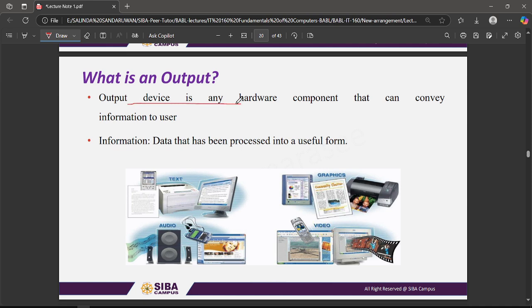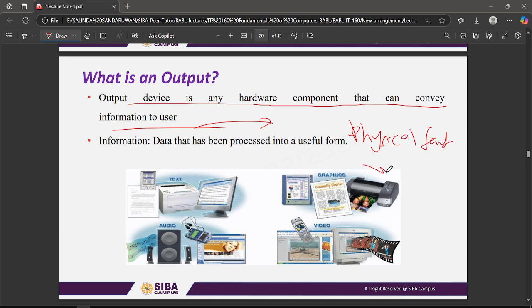An output device is any hardware component that can convey information to the user. It means it displays something. Maybe it's in a physical format on paper, or otherwise in a digital format, an e-copy or soft copy, right?